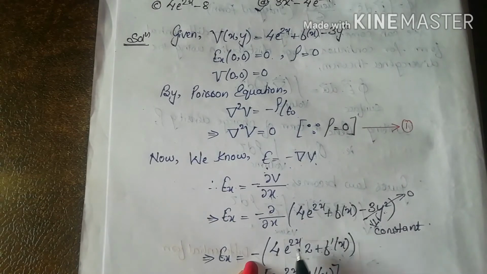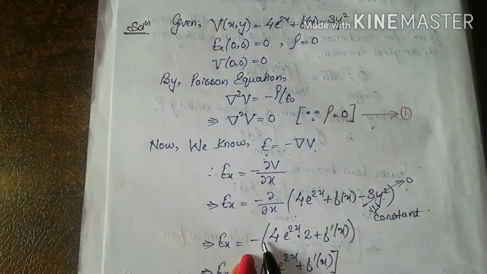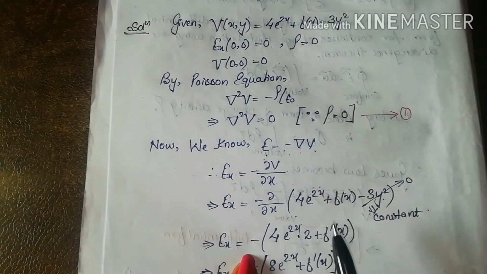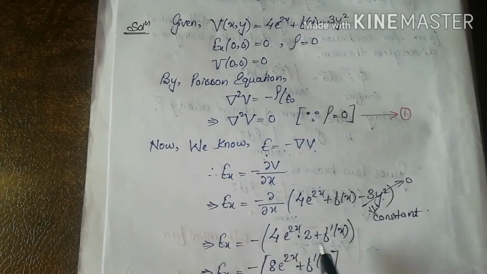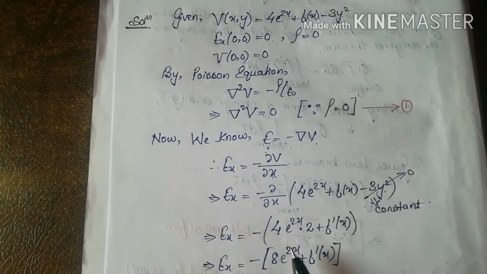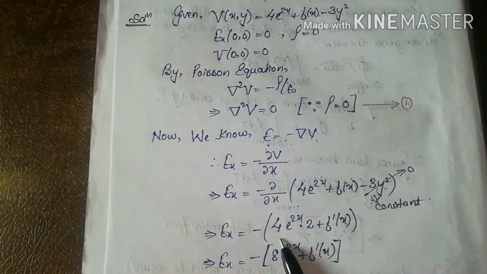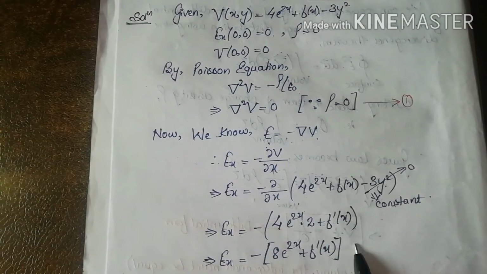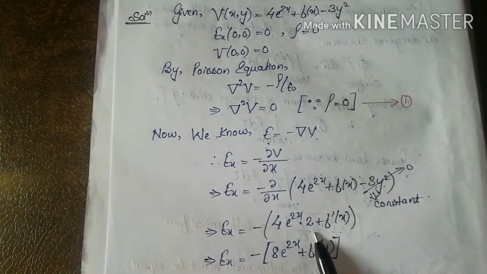Finally, on differentiation, the minus sign stays, 4 is a constant, and e^(2x) gives e^(2x) into 2, plus f prime x. This will be minus 4 times 2, which is 8 e^(2x) plus f prime x. This is the x component of the electric field.